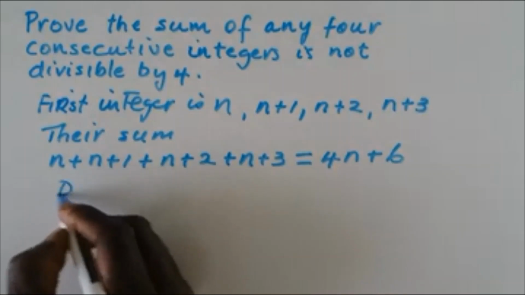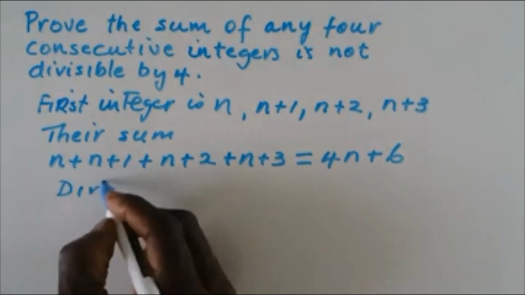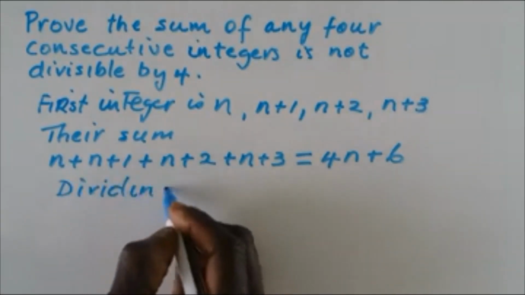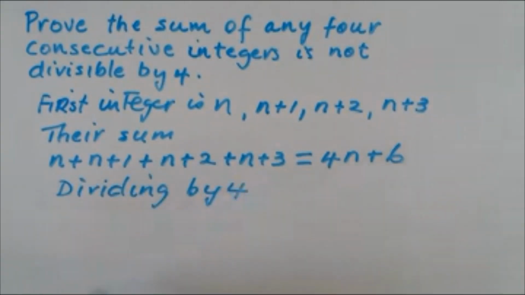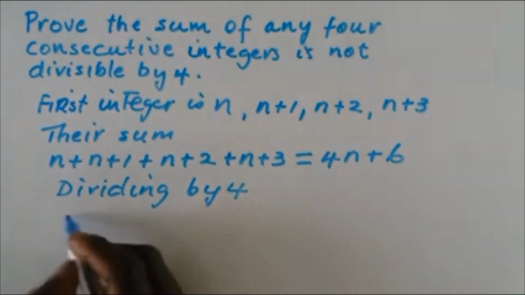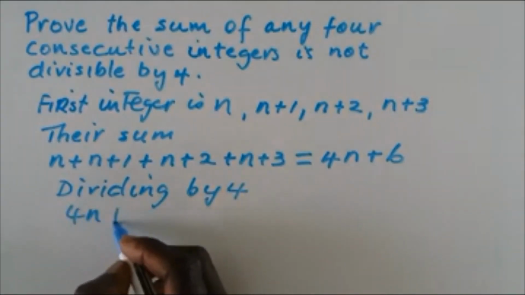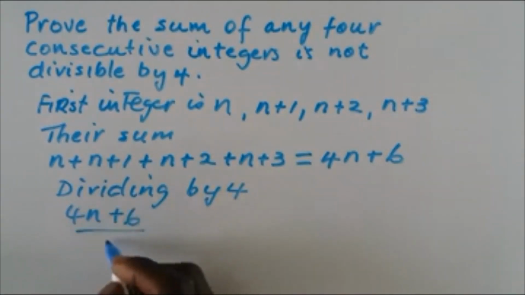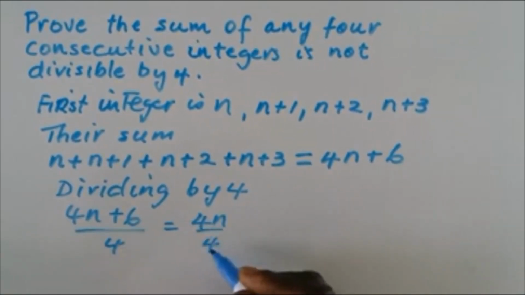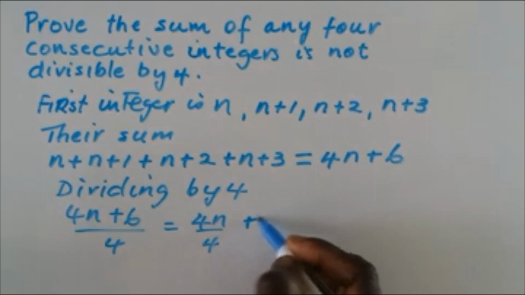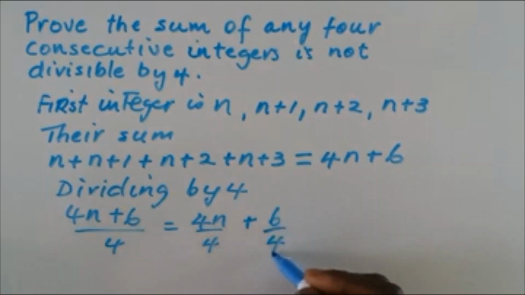So dividing by 4, we have 4n add 6 divided by 4, so 4n over 4 add 6 over 4.